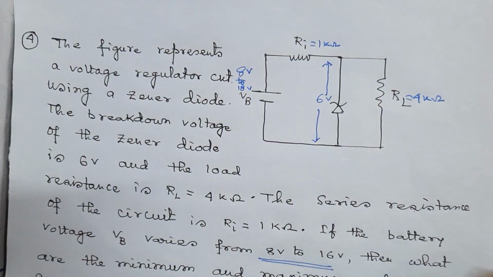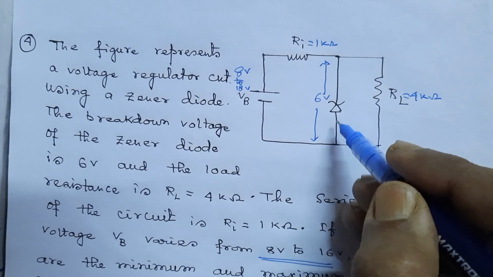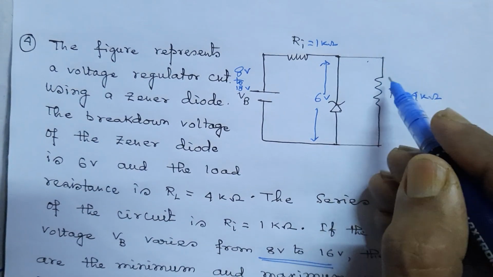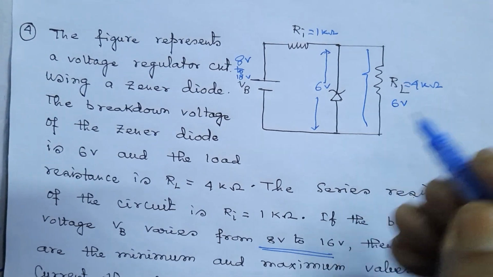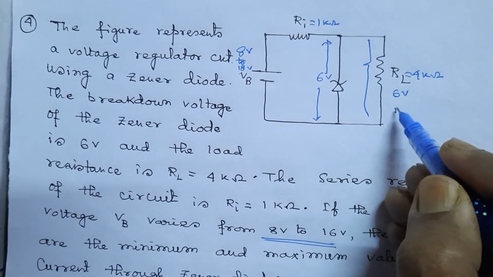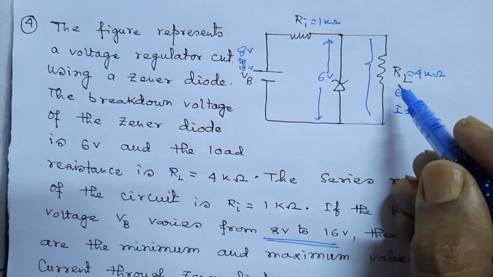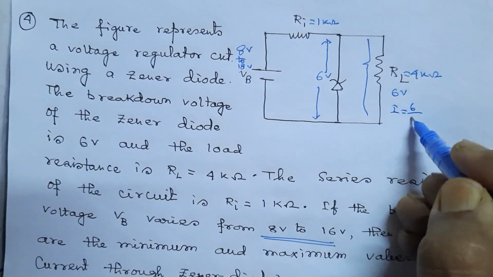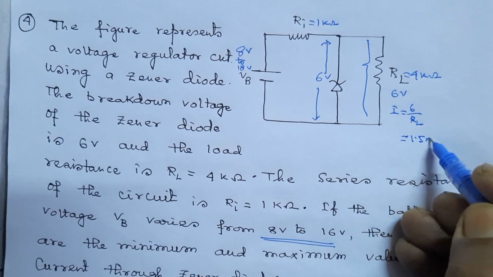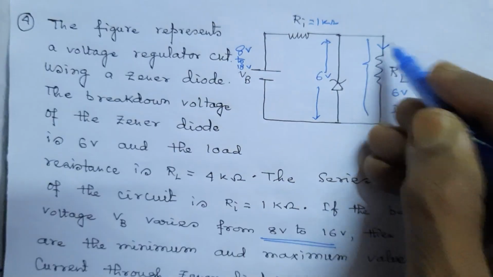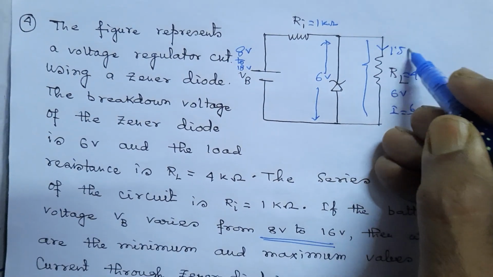First of all, the voltage drop across the Zener diode is 6 volt, so the voltage drop across the load resistance RL is also 6 volt. So the current through the resistance RL is V by RL, that is 6 by 4, that is 1.5 milliampere.